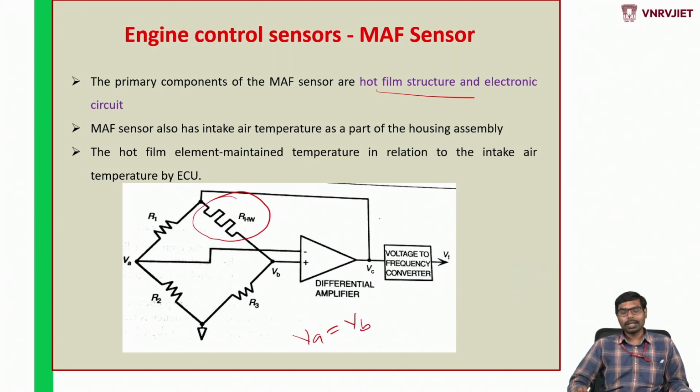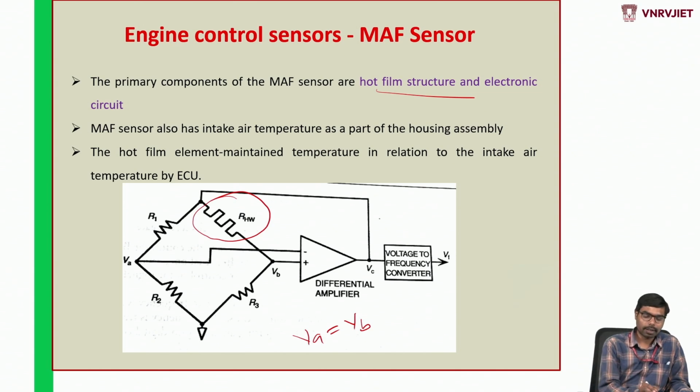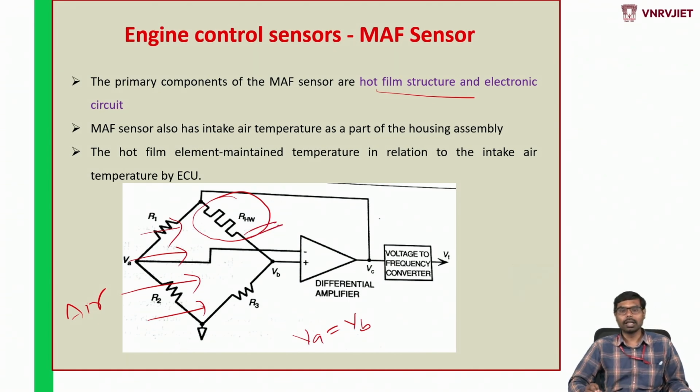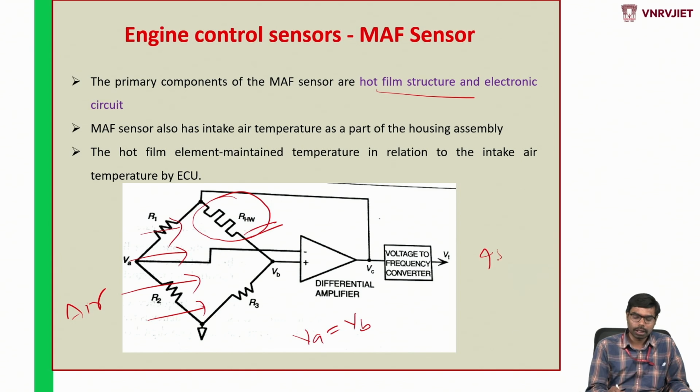But when airflow happens across this particular sensor, the air from the atmosphere meets the hot film structure kept inside the Wheatstone bridge, that is RHW. It is hot, around 45 to 50 degrees, whereas the outside atmospheric temperature is around 30 degrees.